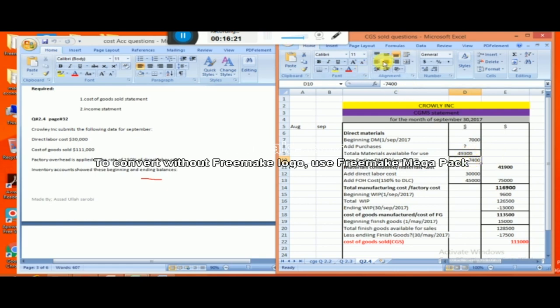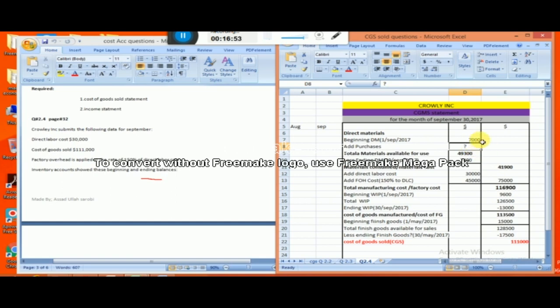If we subtract this 7,400 from 49,300, the answer will definitely be 41,900. Okay. Now this material available for use is 49,300. Now the purchases are missing. So what will we add?